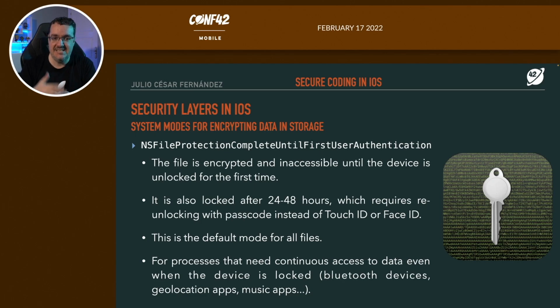It is for processes that need continuous access to data: music, podcasts, Bluetooth devices, geolocation, etc. Even if your device is locked, your files are visible to the file system and the apps can access them, while the device is not in the mode of asking you to put in the passcode again.